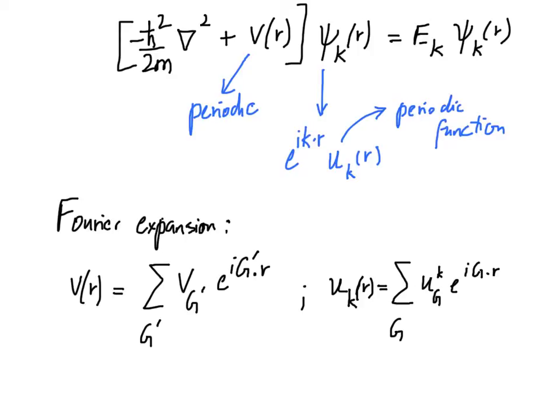So what we are saying is that this function V of R, which is periodic, can be written as a sum over a number of sine and cosine waves, and the coefficients of our sine and cosine waves are these V G prime terms. So having knowledge of all the V G primes is basically equivalent to having knowledge of the function V of R itself. That's really what the Fourier series is in this context.